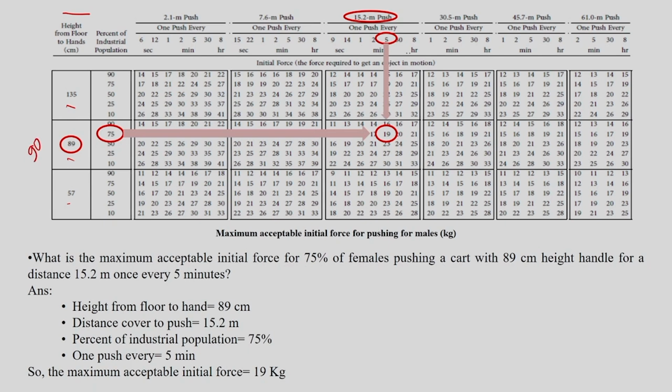You can go with 89, which is a very near value, but if you want to cover the maximum possible risk, then you can take the other as well. Normally, we try to take the column or row which is nearest. If you talk about 90, this is nearest to this particular one.